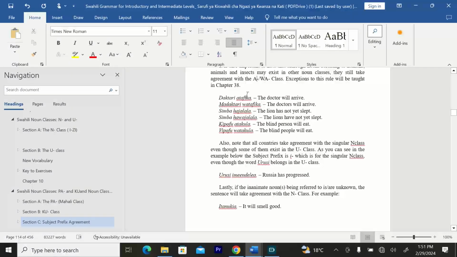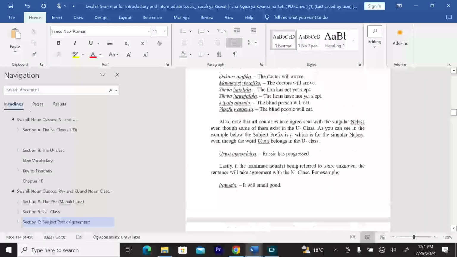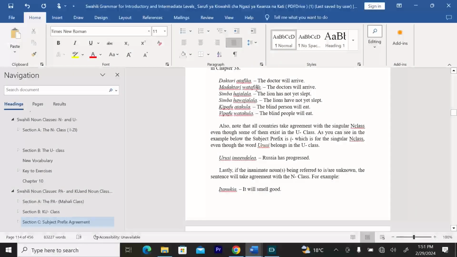Daktari atafika is the doctor will arrive. Then madaktari hawatafika, plural. The doctors will not arrive. Simba hajalala is the lion has not yet slept. And simba hawajalala, which means the lions have not yet slept.